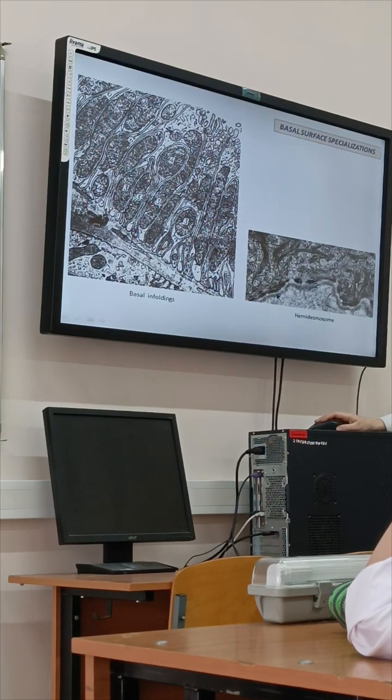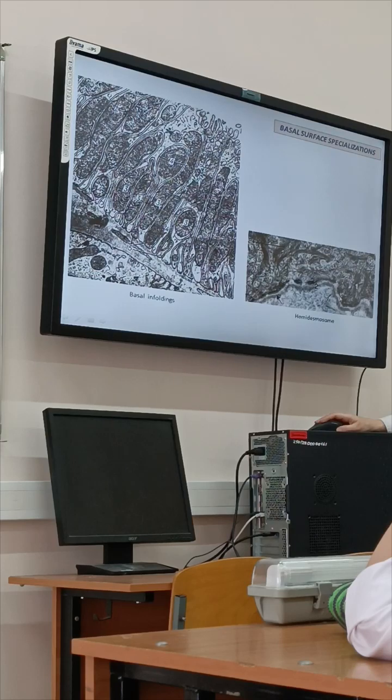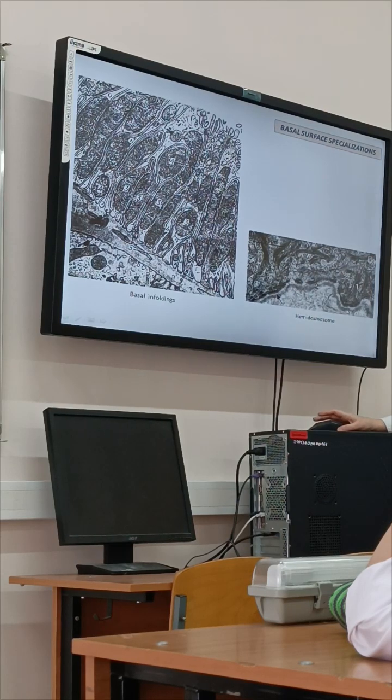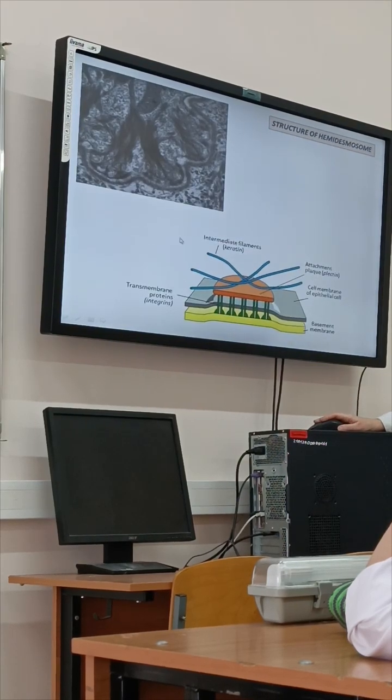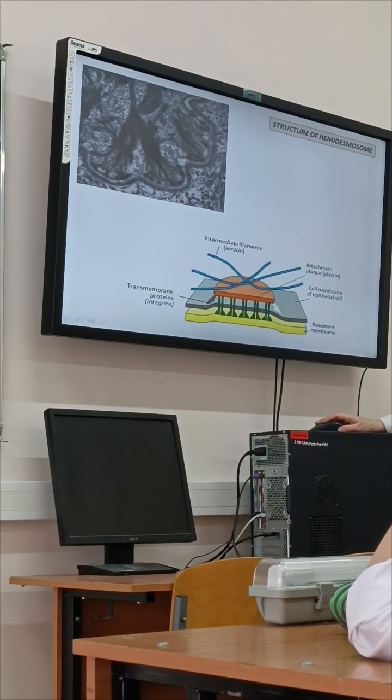We can see electron-dense material corresponding to a plaque, intermediate filaments, and anchor proteins. Here is a diagram of hemidesmosome. Yellow color is the basement membrane, then the cell membrane, the plaque, intermediate filaments, and anchor protein.